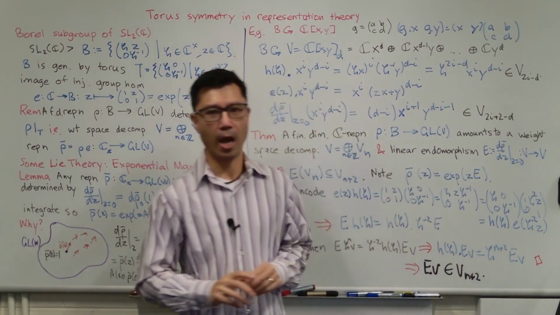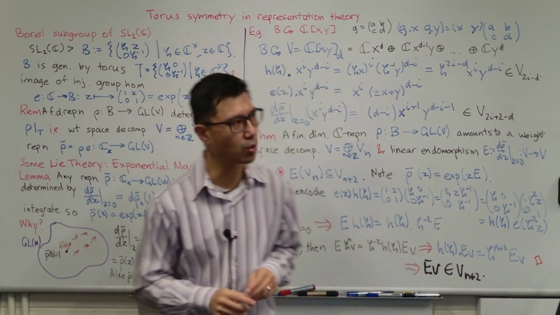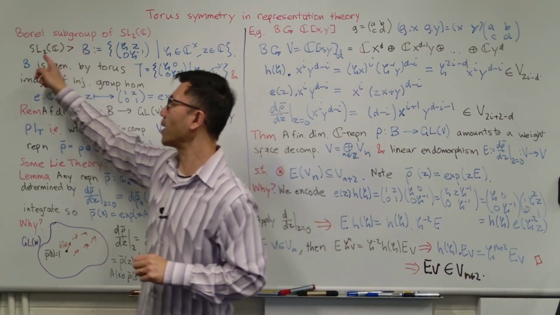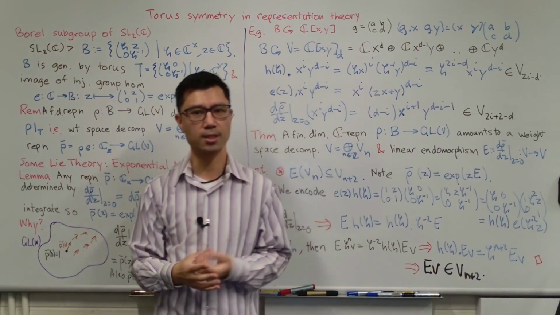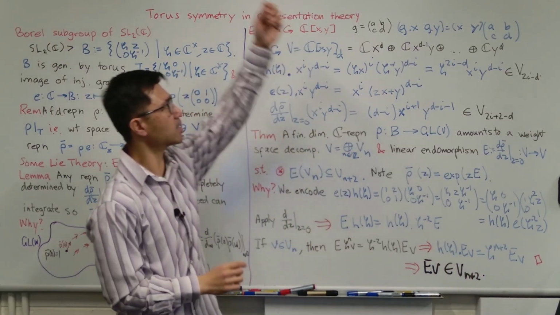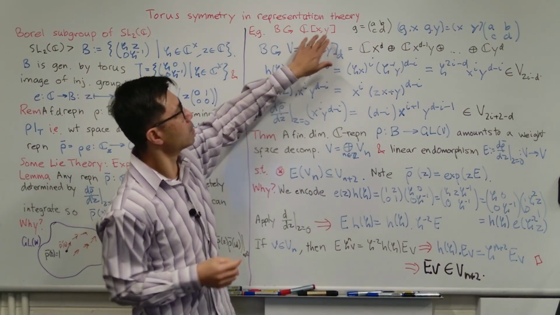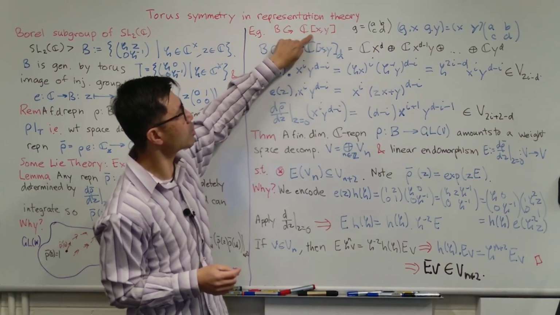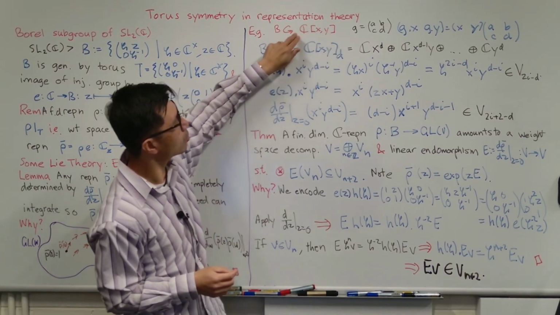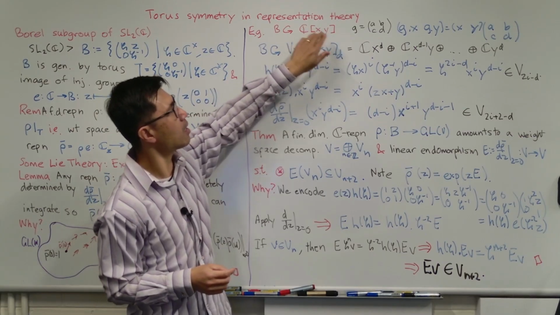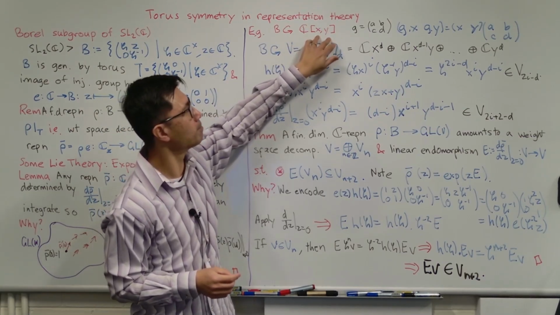The simple example that I want to do is, of course, this Borel inside SL2C, which is inside GL2C. That's basically change of basis of a two-dimensional vector space. So it will also act on the symmetric algebra of the two-dimensional vector space, or more simply just the polynomials over C in two variables x and y.